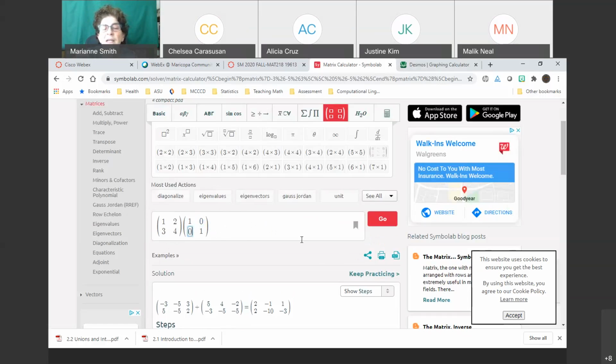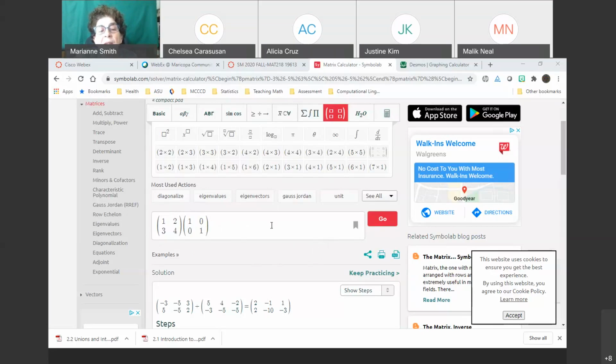So what should I get when I multiply these? The second matrix is the identity matrix. So I should get a 2 by 2, but what will its values be? What would the elements be?